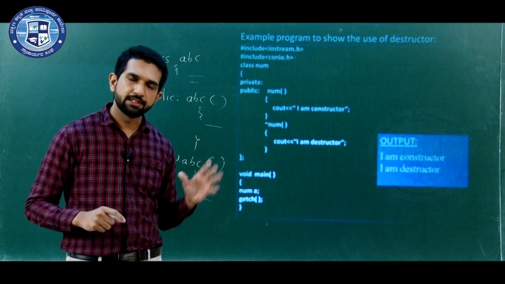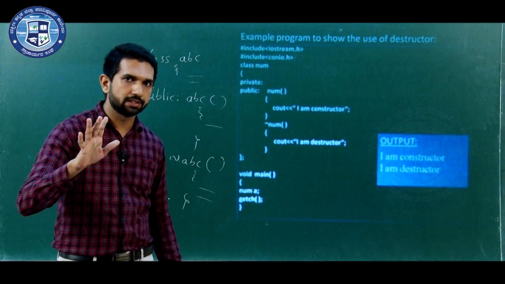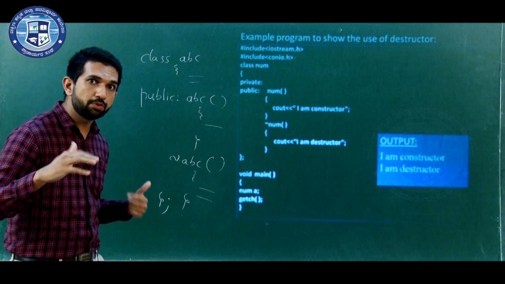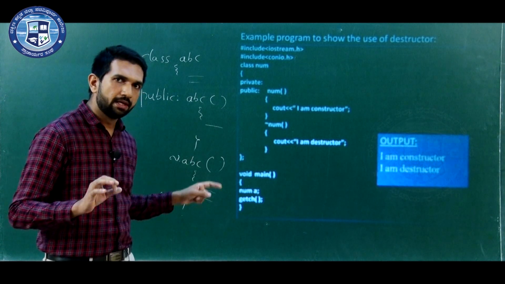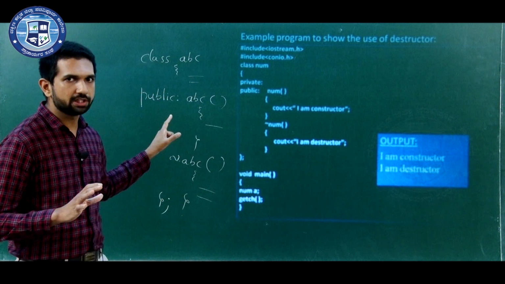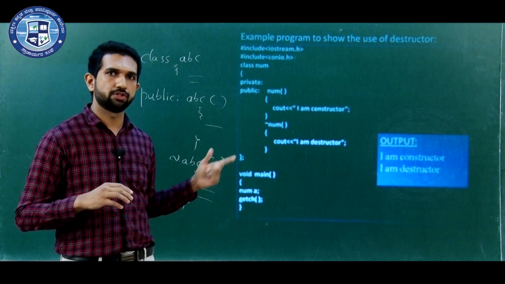Similarly, they can ask invoking methods or the different situations where we can call a copy constructor, or write features of a copy constructor. The same answer we have to write. For 5 marks also they can ask this question.